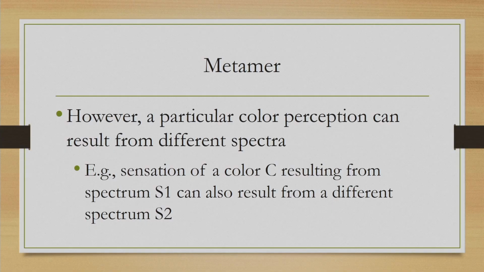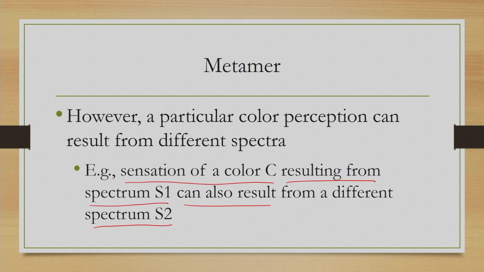In other words, the sensation of a color C resulting from spectrum S1 can also result from a different spectrum S2. That means we have a light source, it gets reflected from a point and comes to our eye.